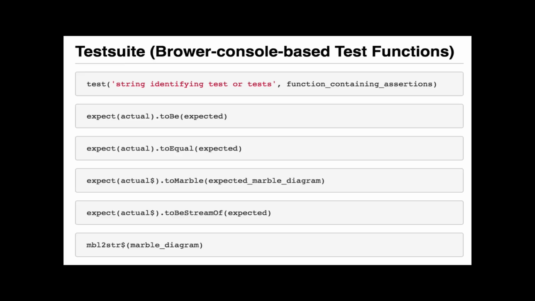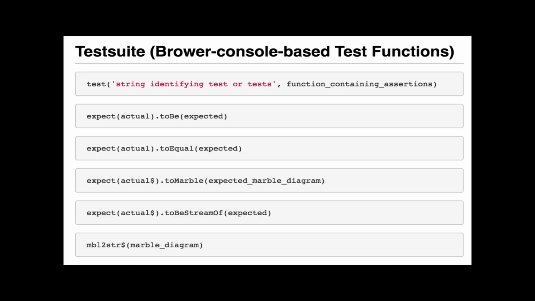There's toEqual as an expectation. This is similar to toBe, except that it passes whenever actual is similar to expected, like an array, in the sense that it would have the same JSON representations, because arrays are not ordinarily equal in the JavaScript sense.